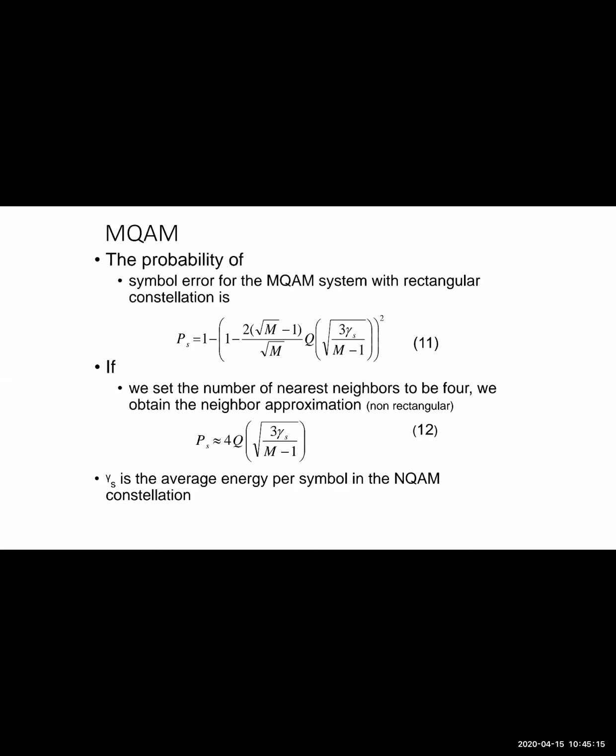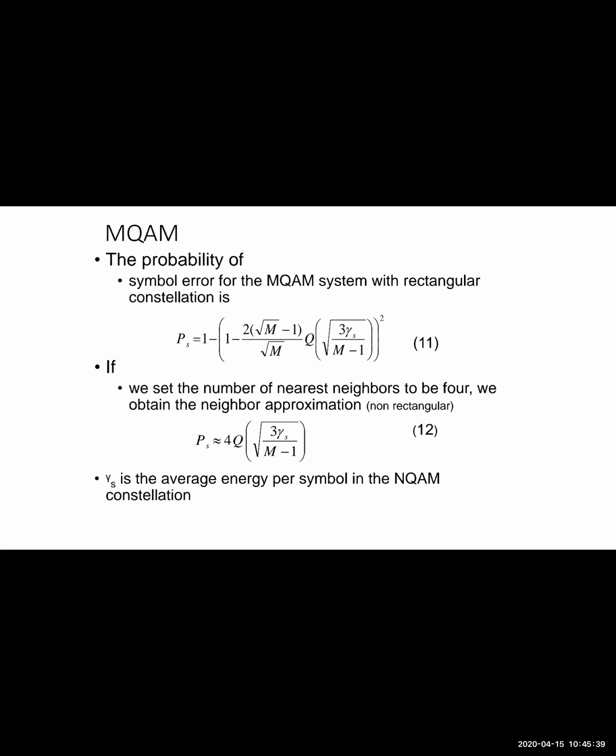Yes, sir. So again, what we want to see is, if it is a graph that we are drawing, we're going to vary gamma S. If we vary gamma S, what will be the effect on PS? That is the conclusion that we'll be drawing shortly. Is that okay? So when it comes to the MQAM, we have two equations.